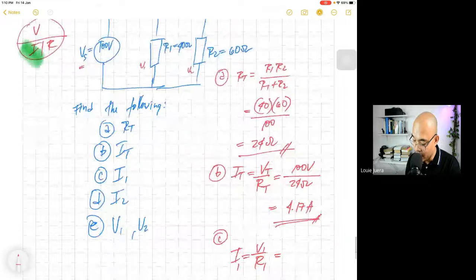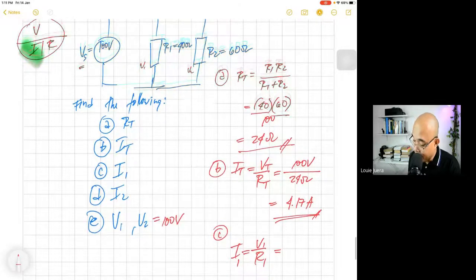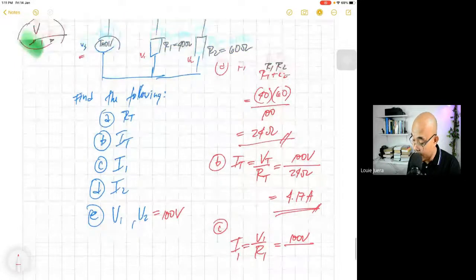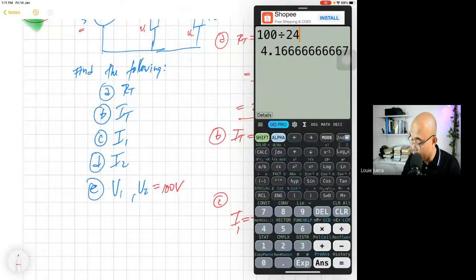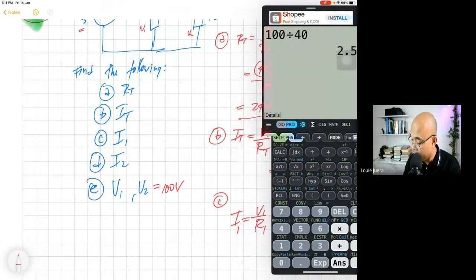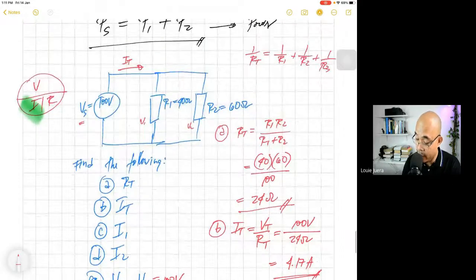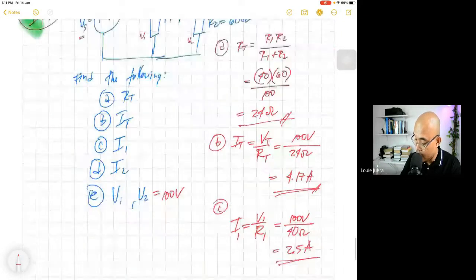So we can directly use 100 volts. The V1 here is equal to 100 volts, and the R1 is 40 ohms. So just divide 100 by 40, which is 2.5 amperes. So let's put some values here: 4.17 amperes, and this one here is 2.5 amperes.